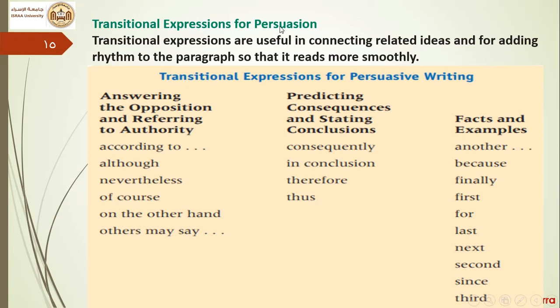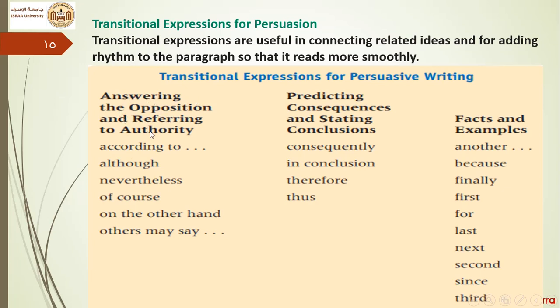Transition expressions for persuasion. Transition expressions are useful in connecting related ideas and for adding rhythm to the paragraph so that it reads more smoothly. Here we have transition expressions related to answering the opposition and referring to authority.